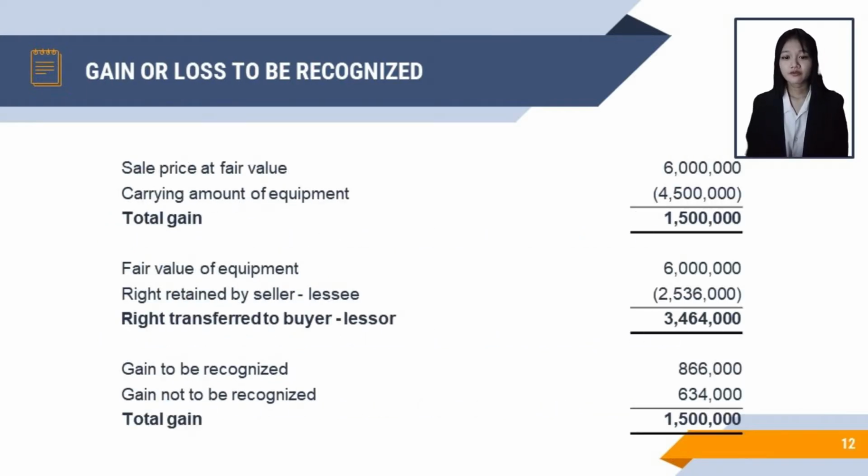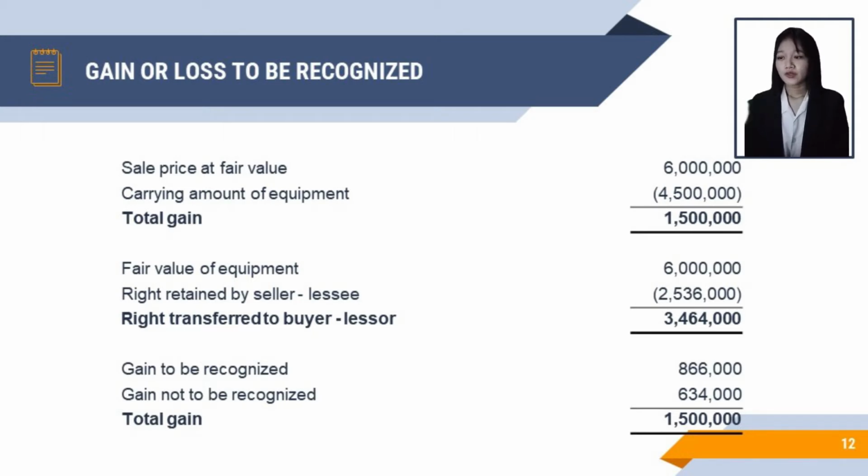Now, we are to compute the total gain. Sale price at fair value of 6 million less the carrying amount of the equipment of 4.5 million, then we get the total gain of 1.5 million. As I mentioned a while ago, the gain that pertains to the right transferred to the buyer-lessor is recognized and computed as fair value less your initial lease liability.